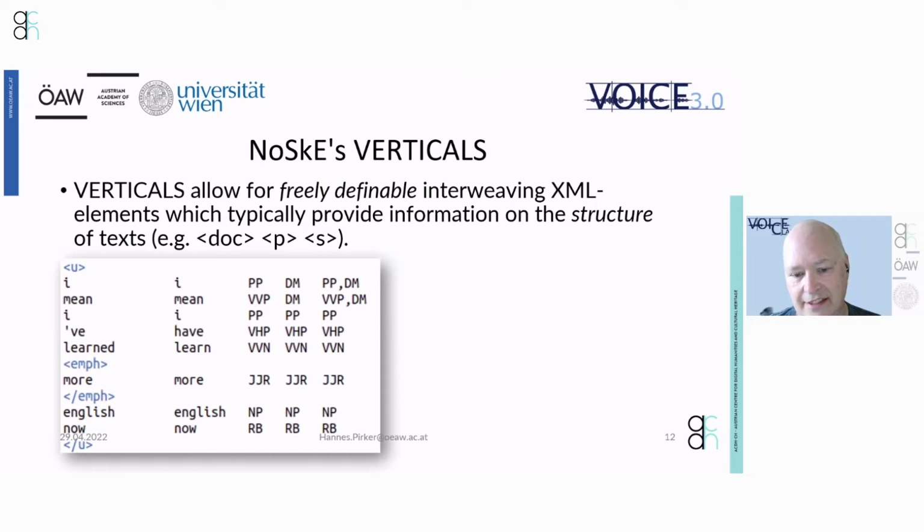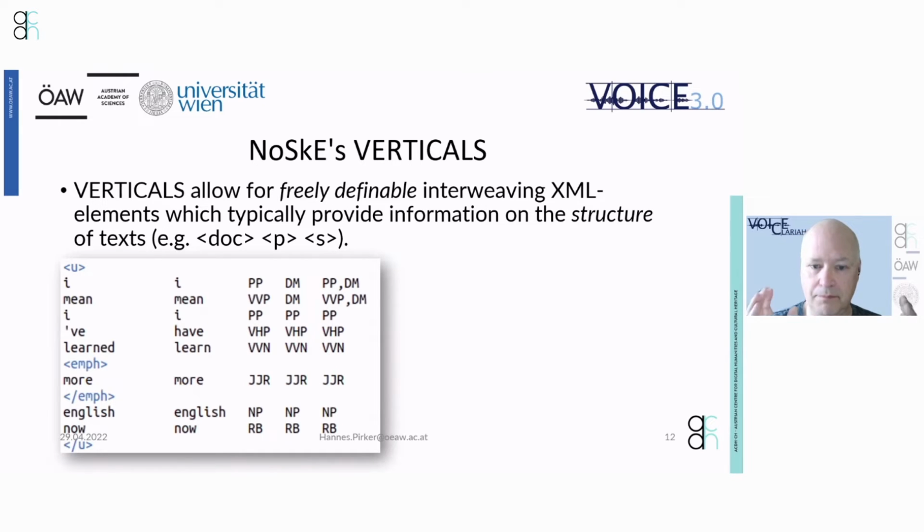In addition to this tabulated data I showed you before, the NoSketch Engine allows for adding XML tags. In a text-based corpus this is usually used for adding structural information like what is the document, what is the paragraph, what is a sentence. These XML elements can be freely defined.